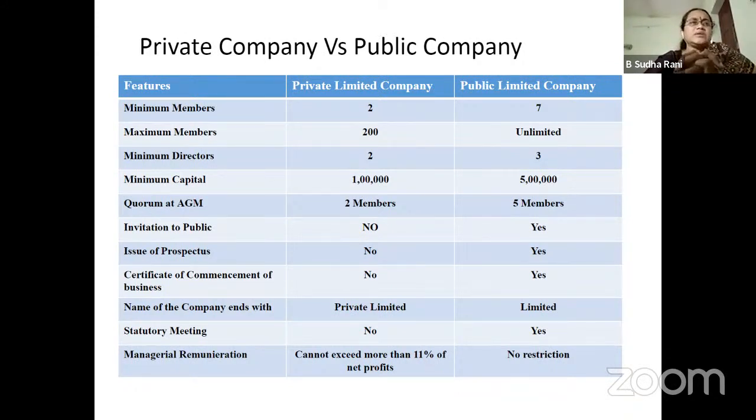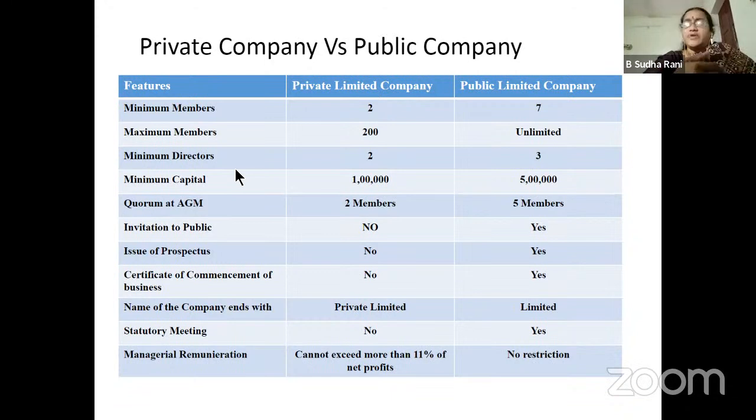The next one is invitation to public, that is, issue of prospectus. It is about whether companies issue their shares for subscription by investors or not.